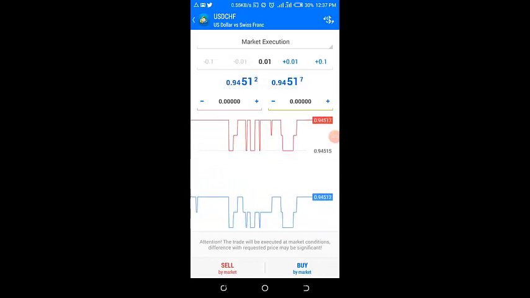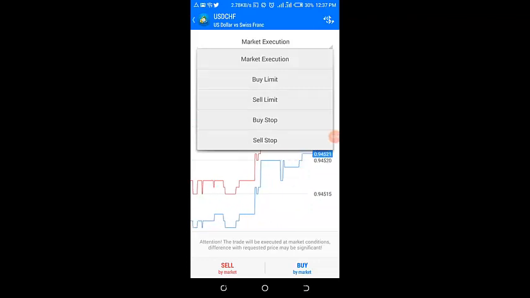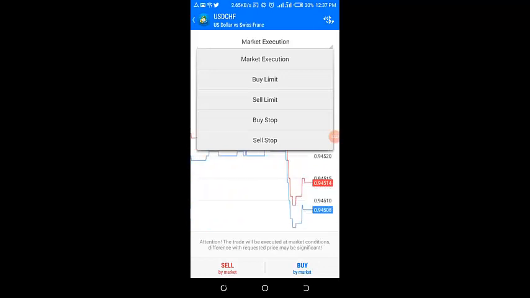There are other types of market execution, like buy limit. Buy limit will buy after it has crossed or gone beyond the resistance level.